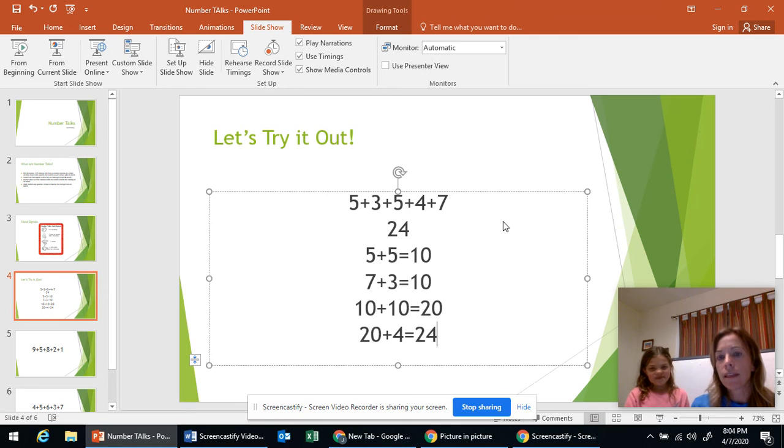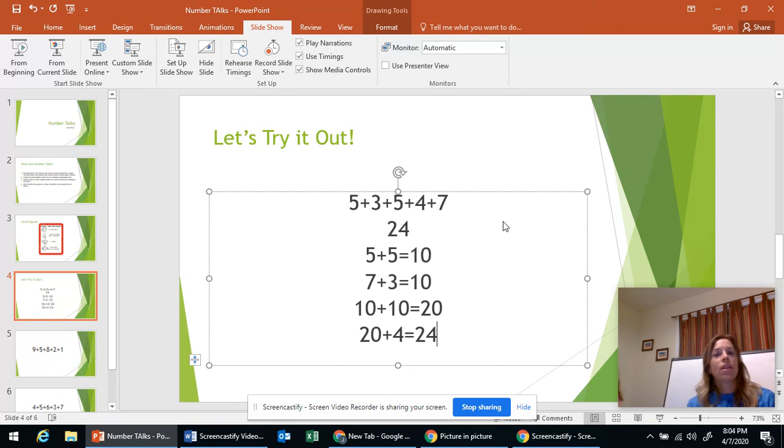Is there anything that makes the tens really easy to add? Yes, because you know that 5 plus 5 equals 10 and 7 plus 3 equals 10. Okay. And what makes the 10 friendly? Why do we want to be friends with Mr. 10? Because it has a 0. It has a 0, and that makes it really easy, doesn't it? Good job. High five, assistant.